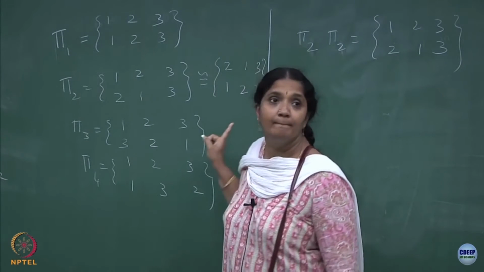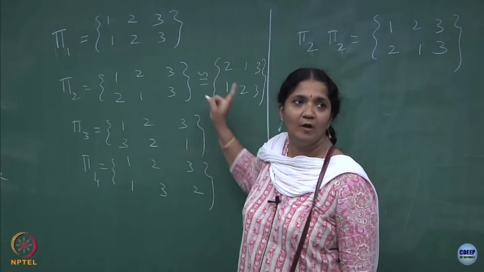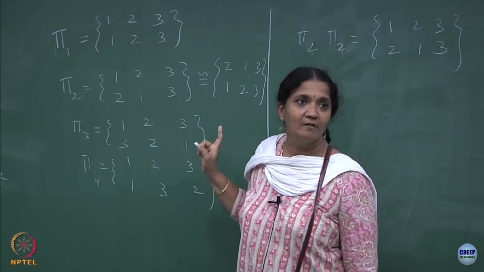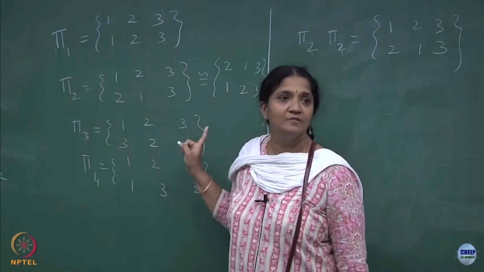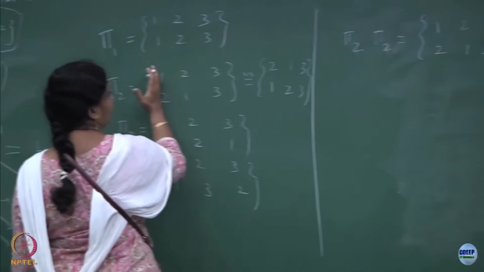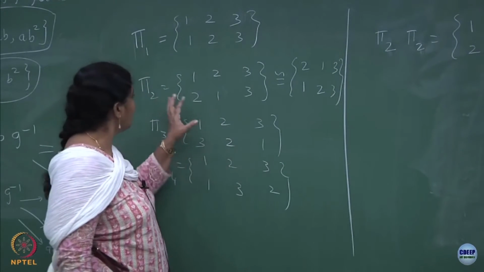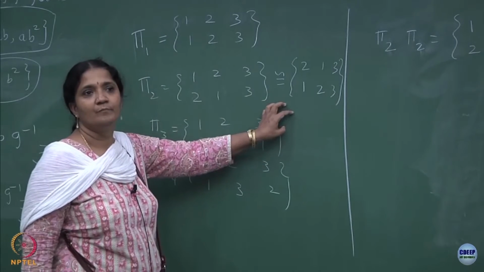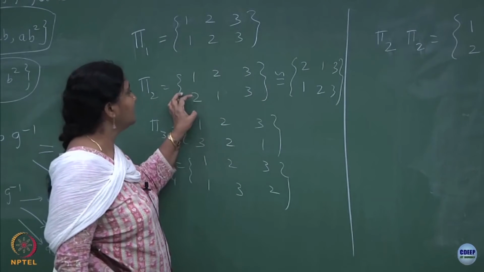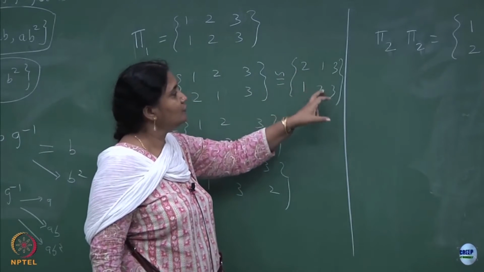Both are the same. The idea is that 2 goes to 1, 1 goes to 2 is important. I can just take the second column and put it as the first column. The element is the same. The operation is 1 goes to 2, 2 goes to 1. So, you see that 1 goes to 2, 2 goes to 1.